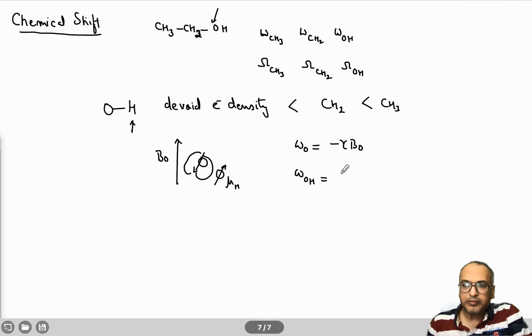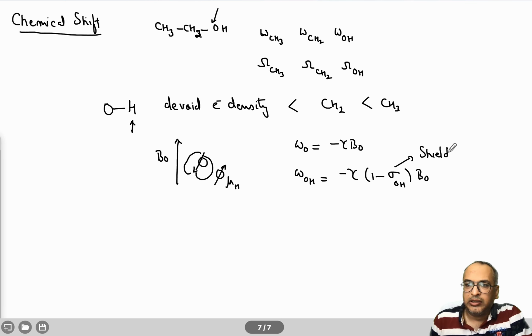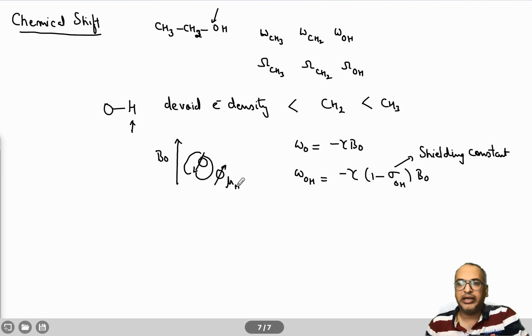That reduced B0 is given by negative gamma into 1 minus sigma OH into B0. That sigma is called the shielding constant: how much of the electron density is shielding that particular proton from B0. It totally depends on the structure of the molecule, so that's why this technique can help you determine the structure, right?